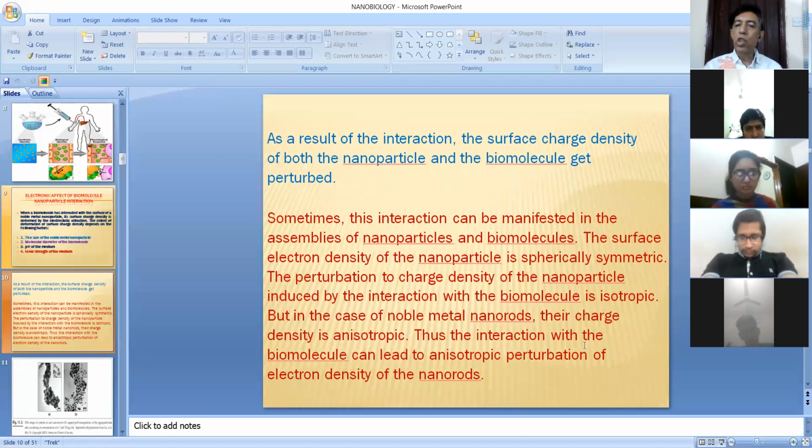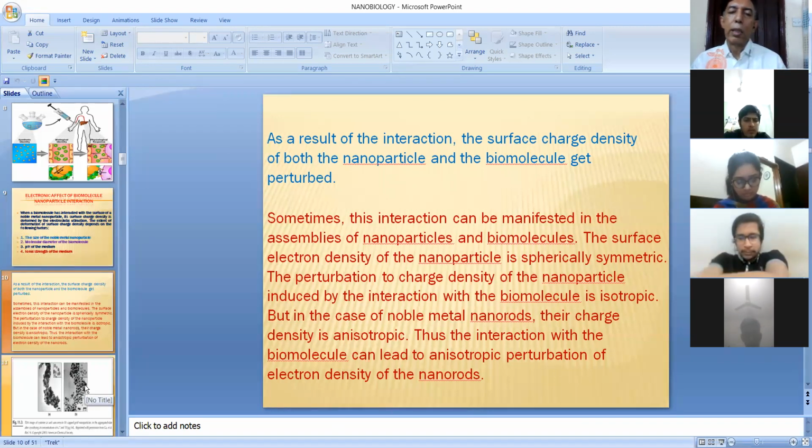Thus, the interaction with the biomolecule can lead to anisotropic perturbation of electron density at the nanorods. So this deformation of surface density can be isotropic or it can be anisotropic. It will depend on the shape of the gold nanoparticle.